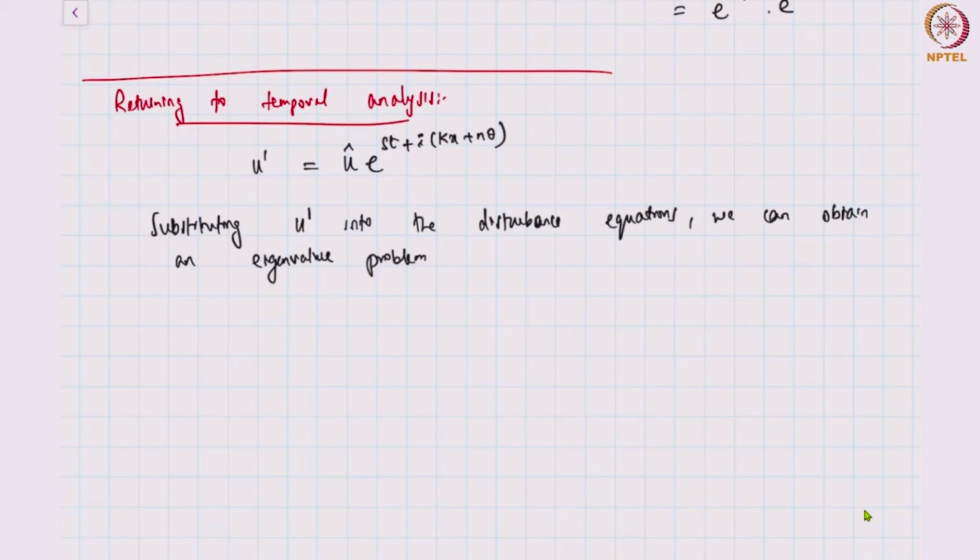It's an eigenvalue problem of the form S, k and n. Remember, S, k, n appear in the normal mode form, and then we have some flow parameters. Capital V is a flow parameter. We have a geometric parameter, which is the radius of the tube, and a material parameter, which is the kinematic viscosity. So we get an equation of this form. This is called the dispersion relation.